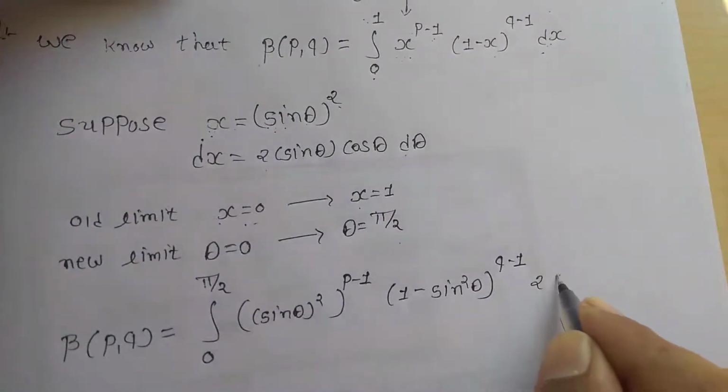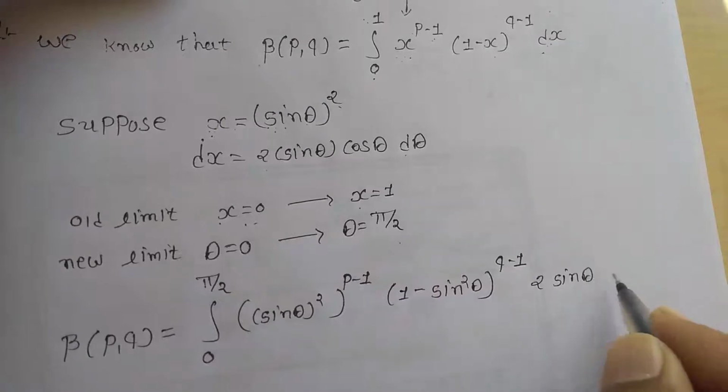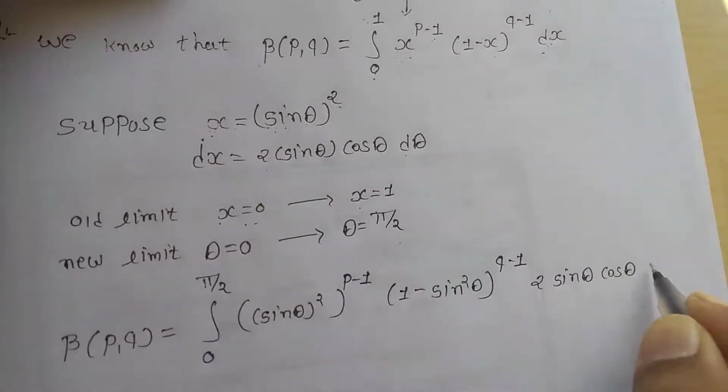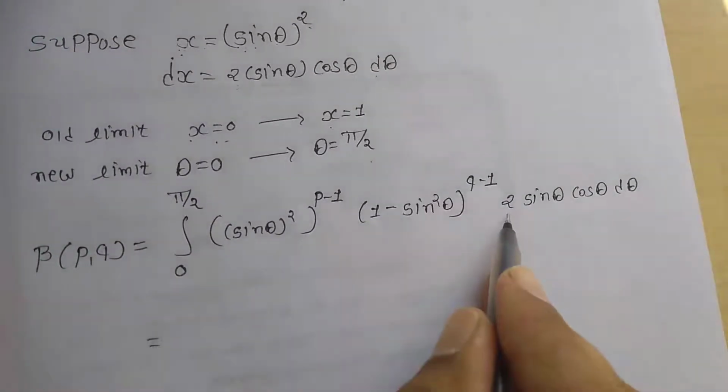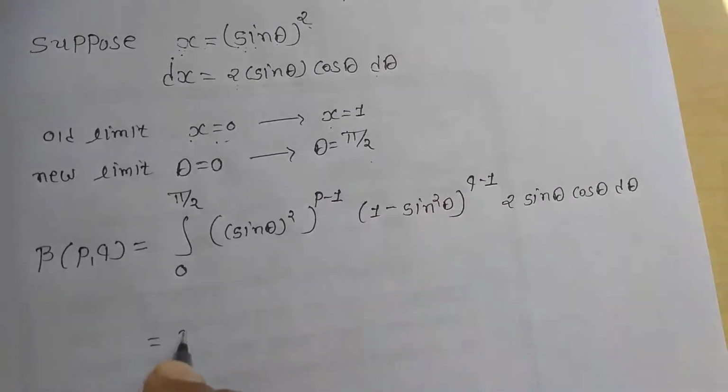This is equal to 2, which is a constant outside the integration.